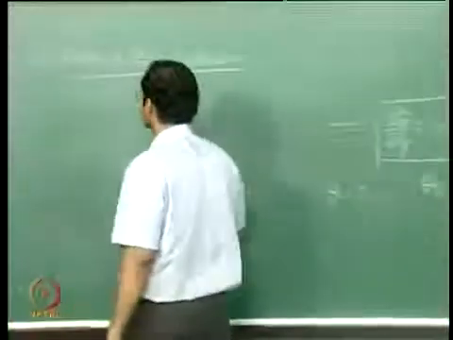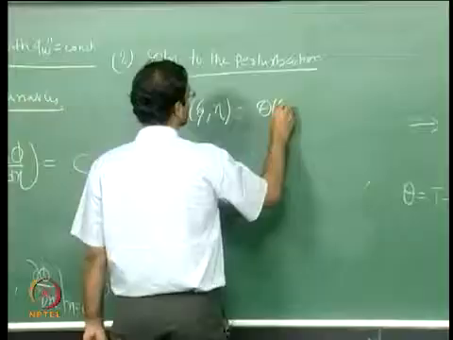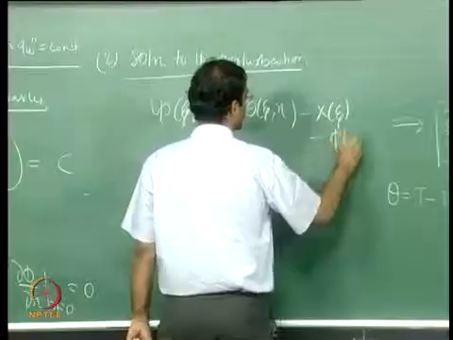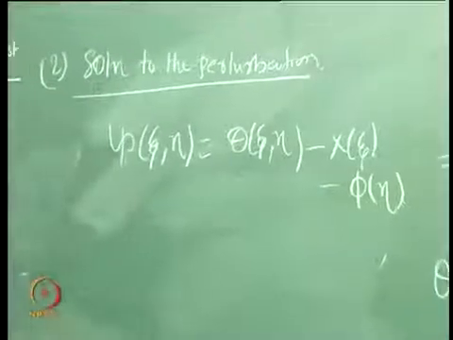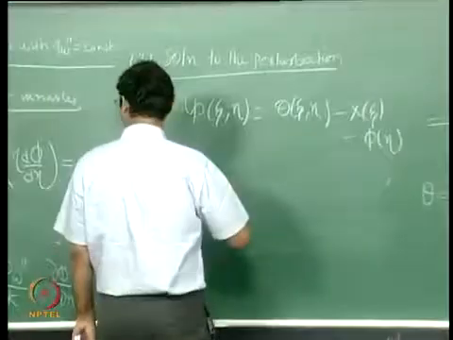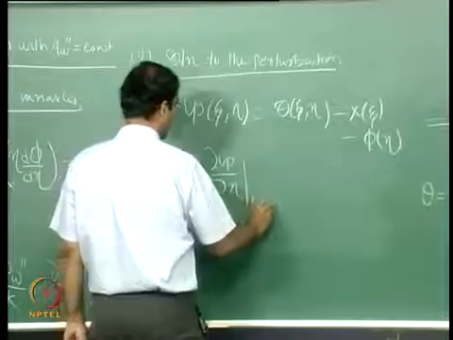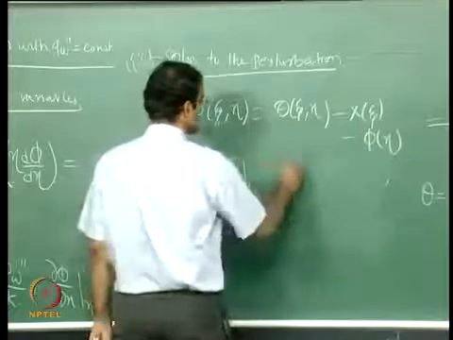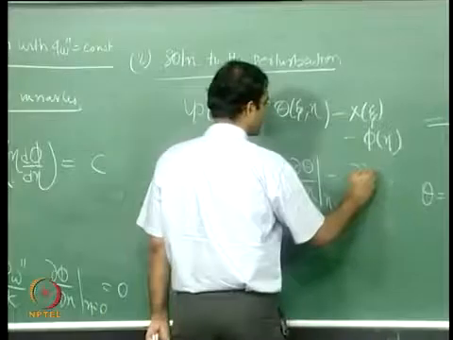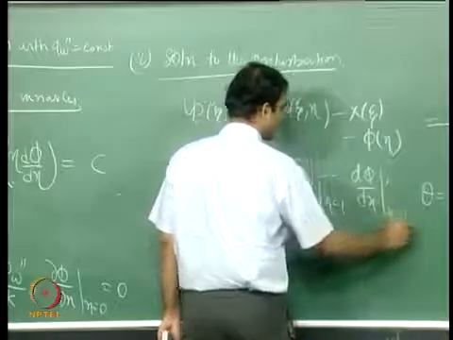So the boundary conditions for, say, psi can be written as theta minus x minus phi of eta. Okay. So now corresponding to this fact, of course, when I look at d psi by d eta at eta equal to 1, this will be d theta by d eta at eta equal to 1 minus d phi by d eta at eta equal to 1.